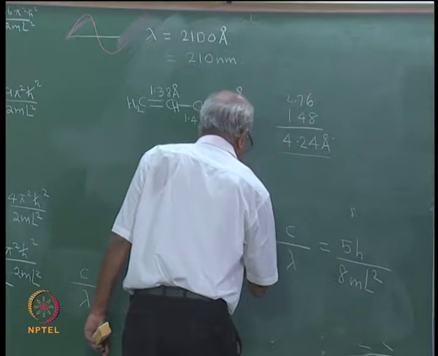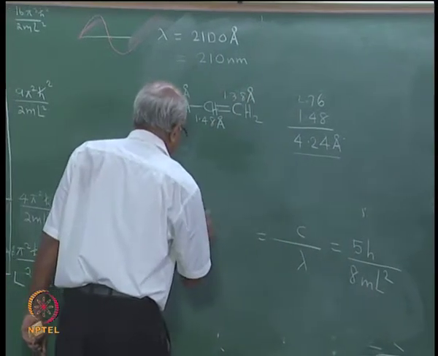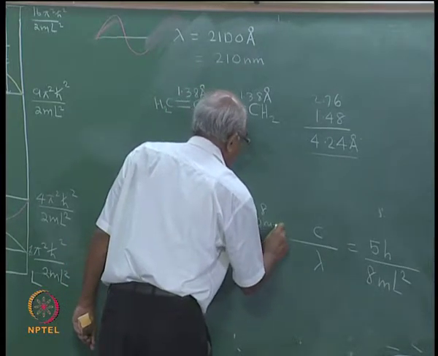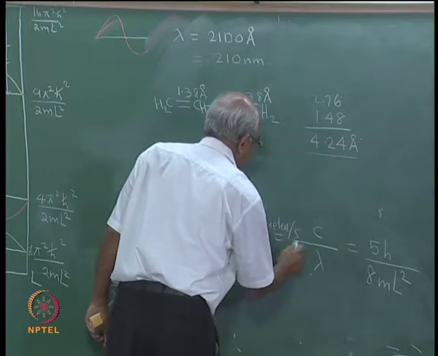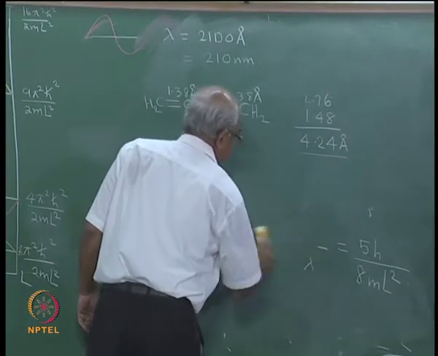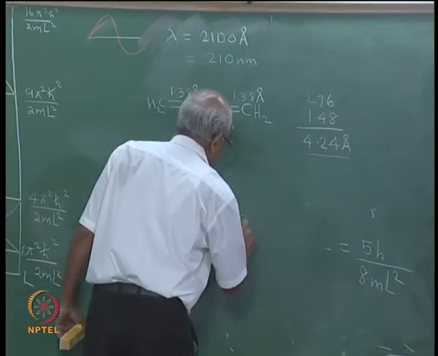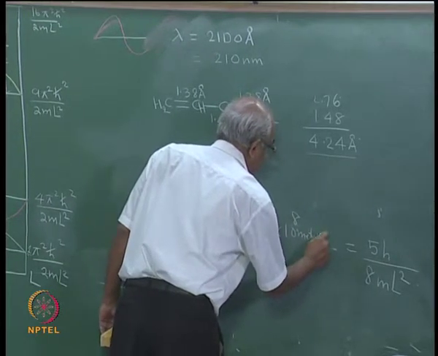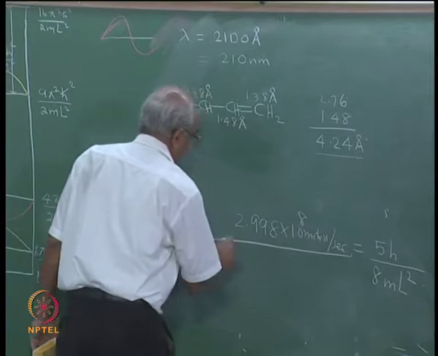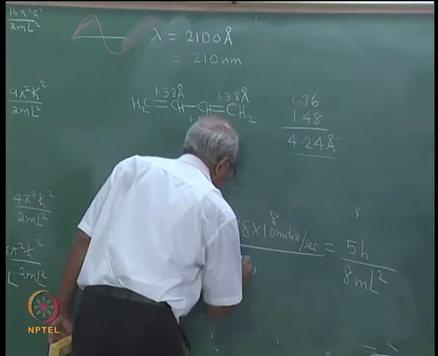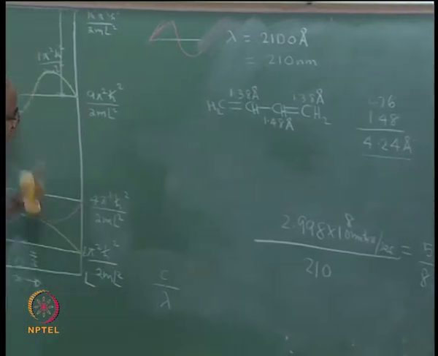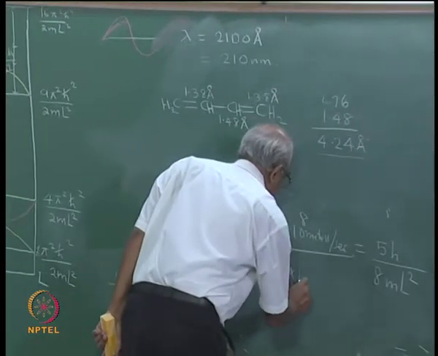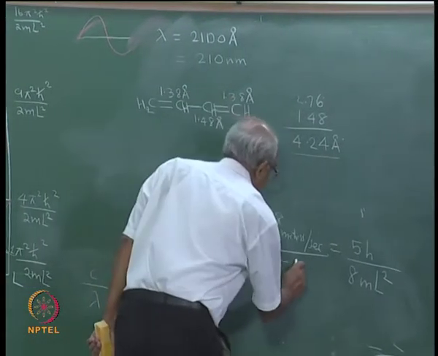The value of c, if you remember, is 2.998 into 10 to the power of 8 meters per second, divided by lambda. We have not calculated lambda, we have determined it experimentally. Its value is 210 nanometers, but 1 nanometer is 10 to the power of minus 9 meters.